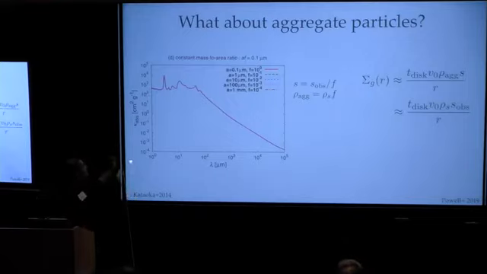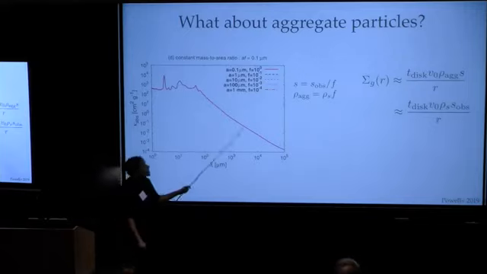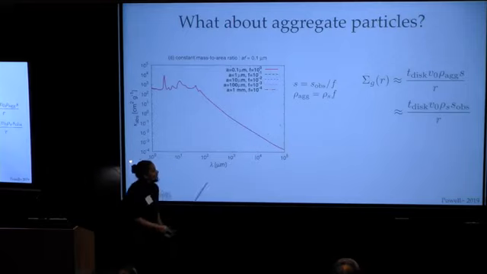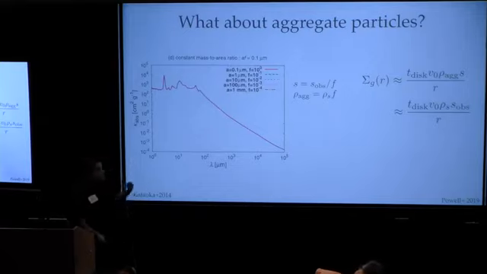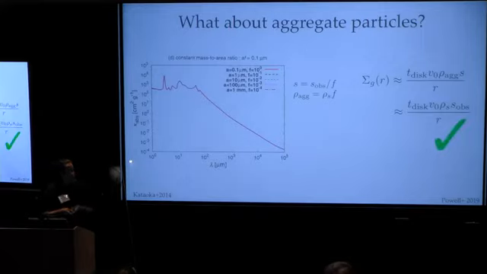So here I'm showing the absorption opacity for grains of different sizes, but with the same size times filling factor, or mass to area ratio. What this means is that the true particle size is roughly the observed particle size divided by the filling factor. And we know that the aggregate density is the density times the filling factor. So when we plug this into our equation for deriving surface density, we recover the same expression. So it's robust even if the particles are aggregates.